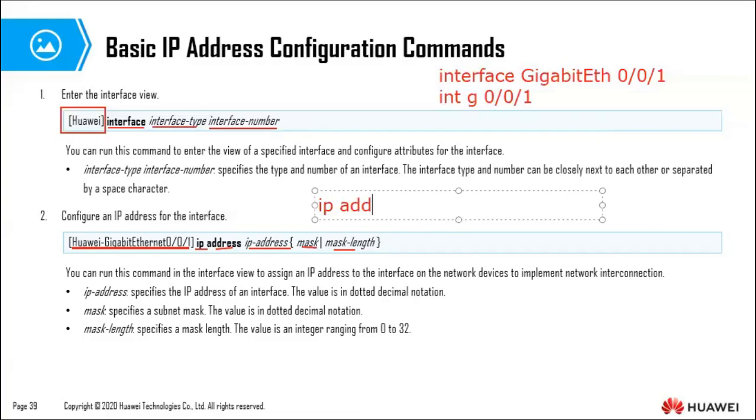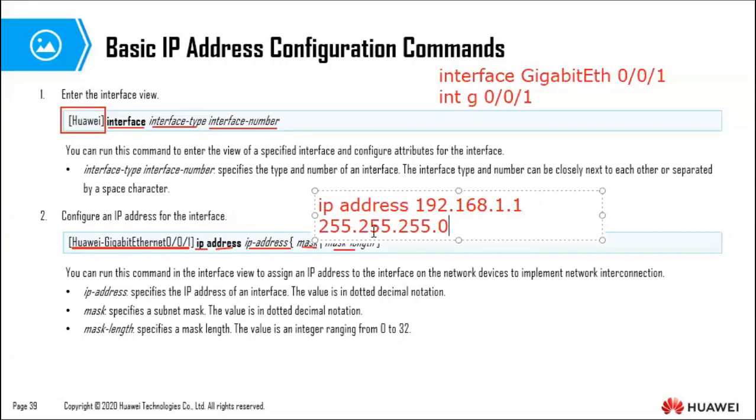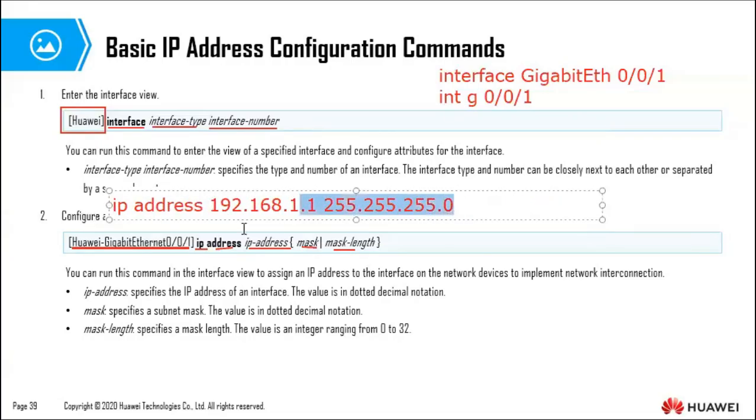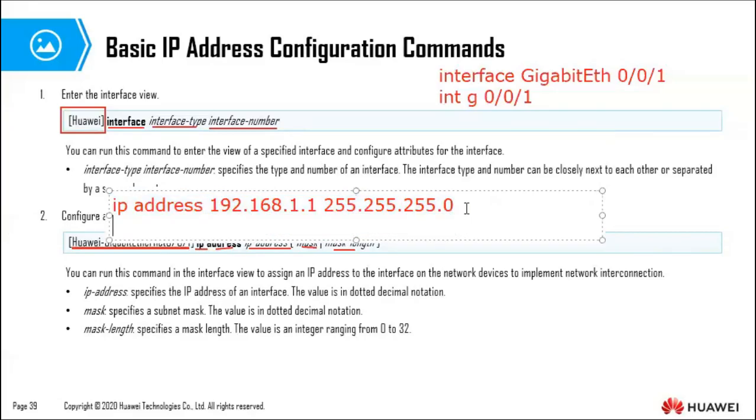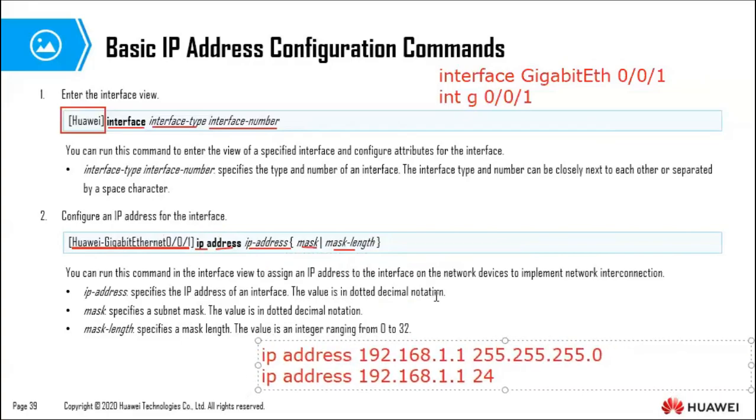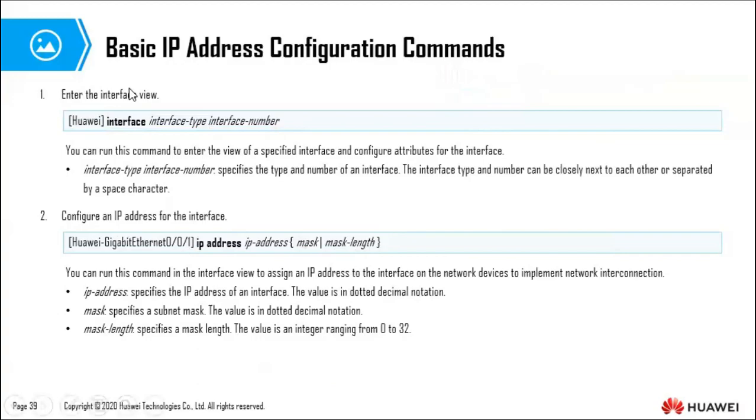So we type ip address 192.168.1.1, then 255.255.255.0. That is the mask. Otherwise, you can use the length, 24, like that. When you're using the length, you don't use any slash. So that's how you can configure an IP address on an interface of a Huawei router.